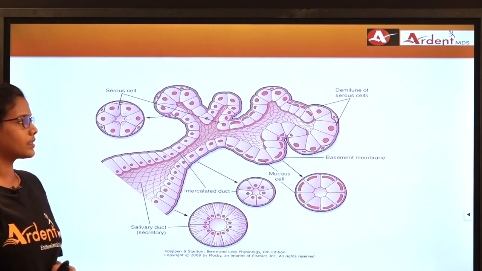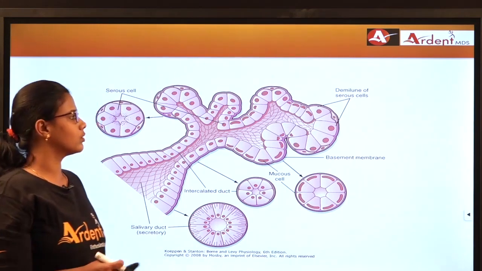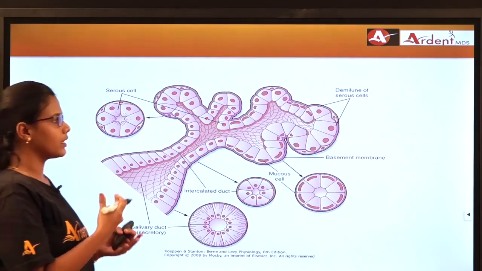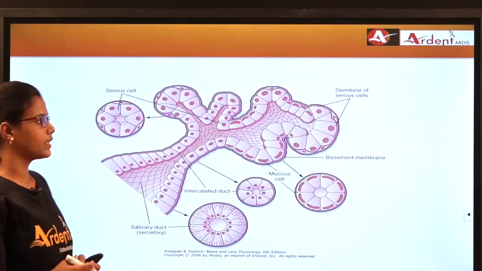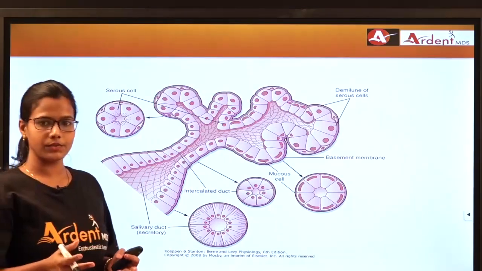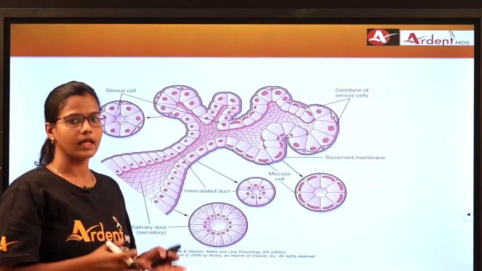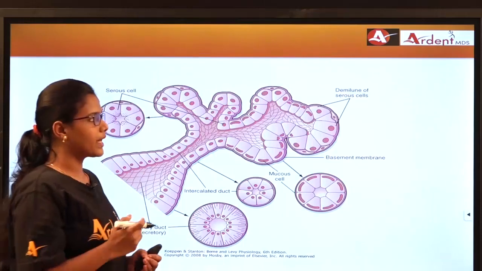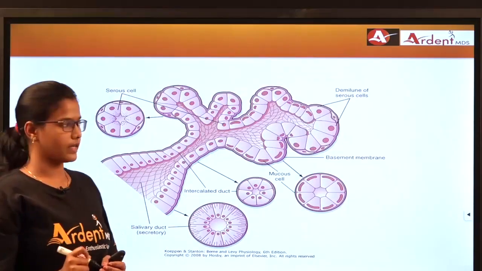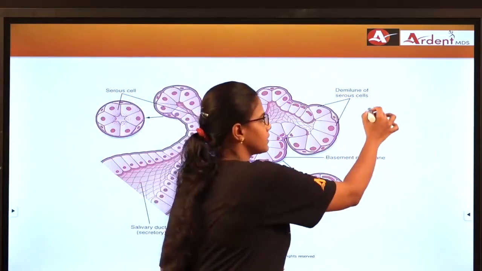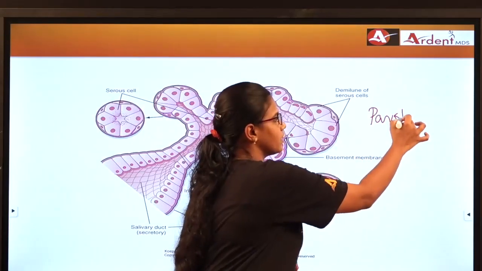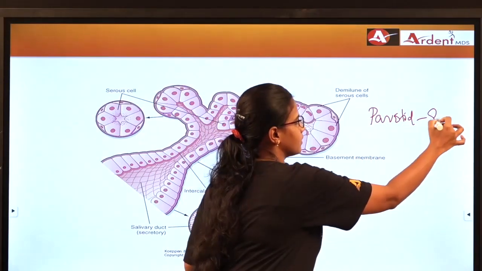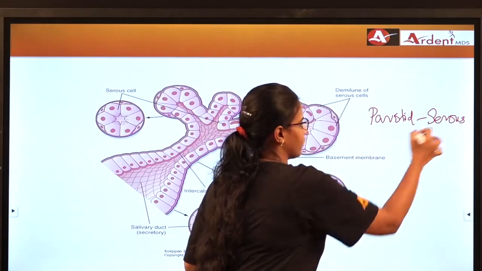It was asked in a previous NEET exam to figure out which is the serous acini or the mucous acini. In a mixed salivary gland tissue, you can see both serous acini and mucous acini. The submandibular gland is your mixed salivary gland, while the parotid is a purely serous salivary gland.